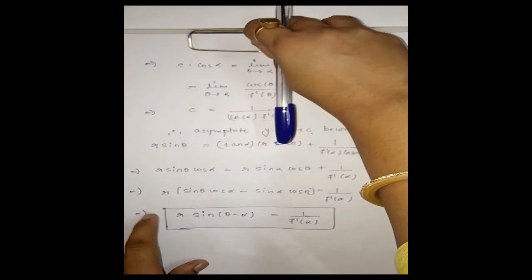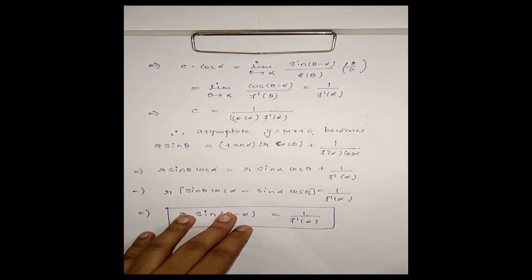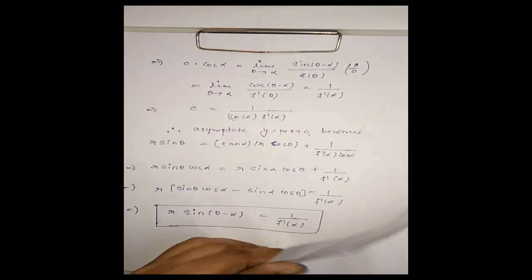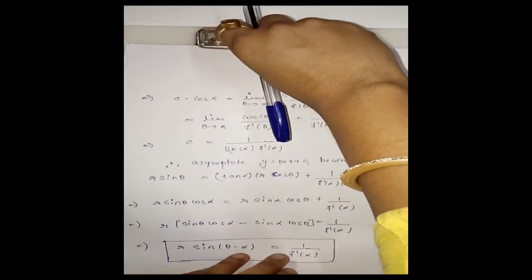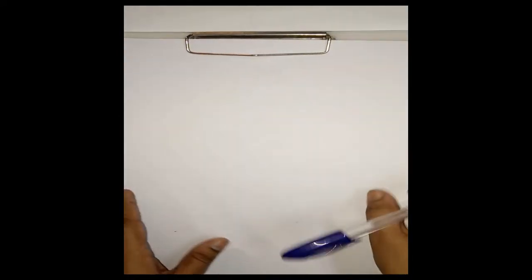Now we consider some examples of asymptotes of polar curves, how to find asymptotes of polar curves using this result. Let us consider some examples.